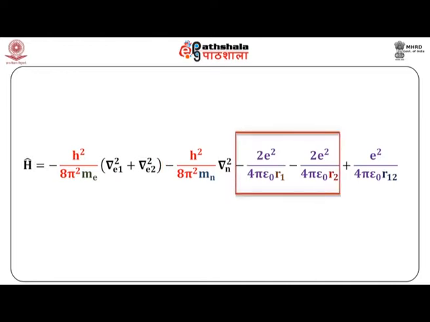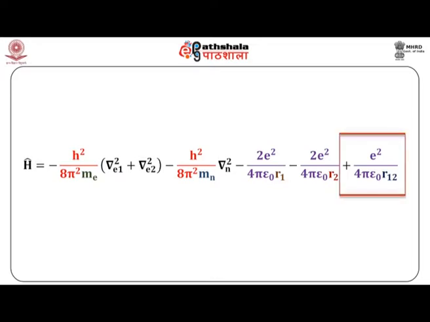And then we have two terms, minus 2e²/4πε₀r₁ minus 2e²/4πε₀r₂. These are the attraction terms. These basically represent the potential energy of attraction between the nucleus and electron 1, and second, the potential energy of attraction between the nucleus and electron 2.